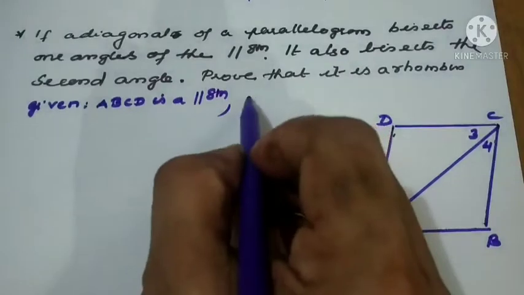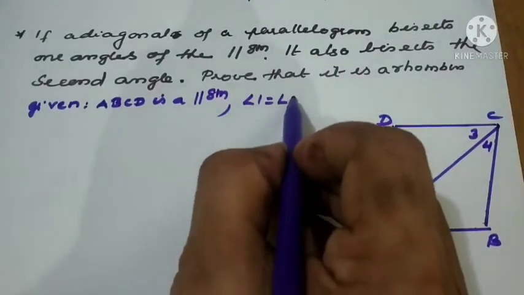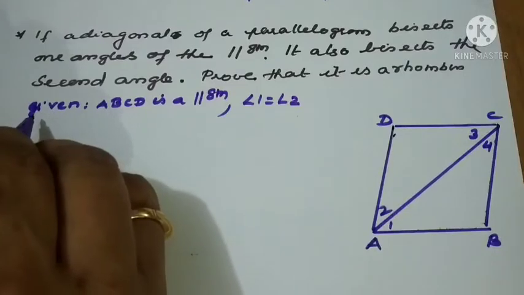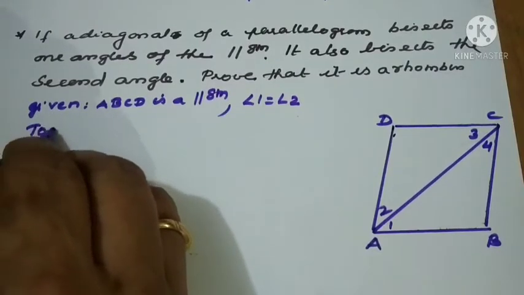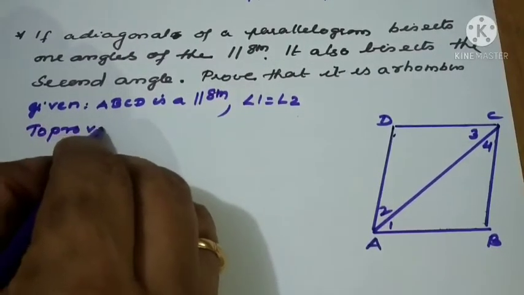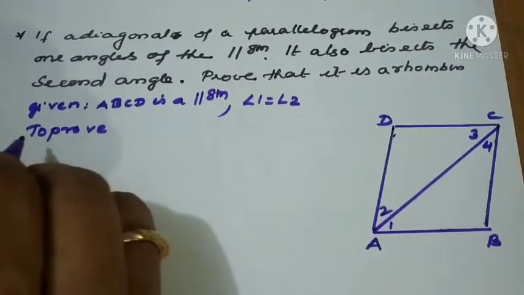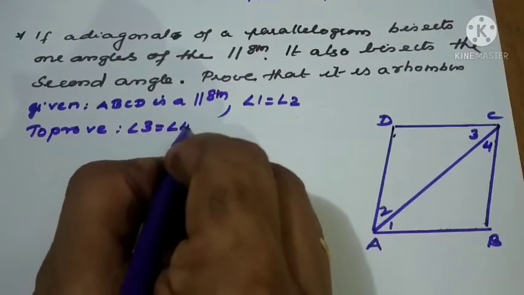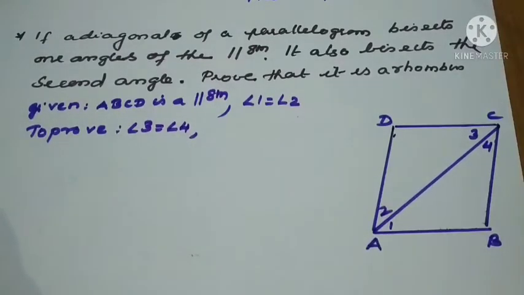Given angle 1 equal to angle 2. To prove angle 3 equal to angle 4. And also what we should prove, ABCD is a rhombus.